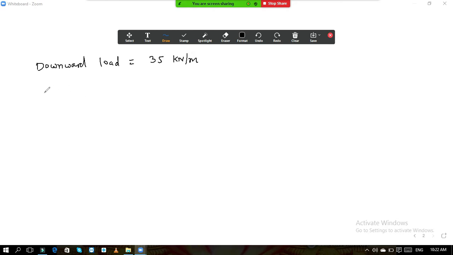Now we will calculate the upward load due to the parabolic profile. Up till now we have calculated upward load due to a bent tendon, that is 2P sin theta. But now the tendon is parabolic. I told you yesterday how to calculate that upward load. It is WC equal to 8PE divided by L square.